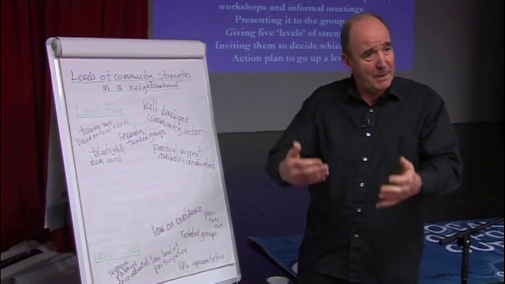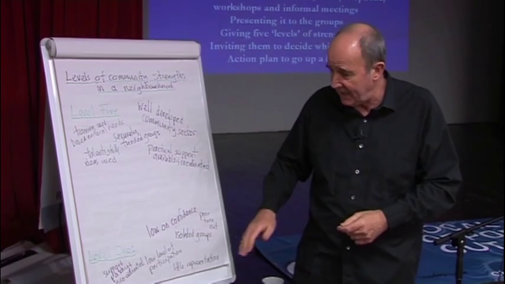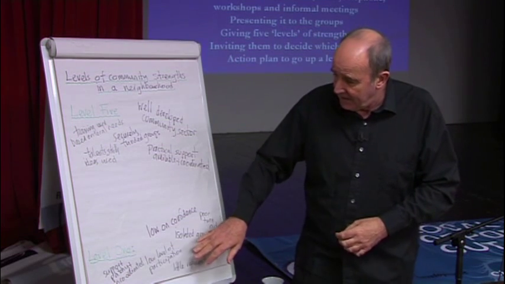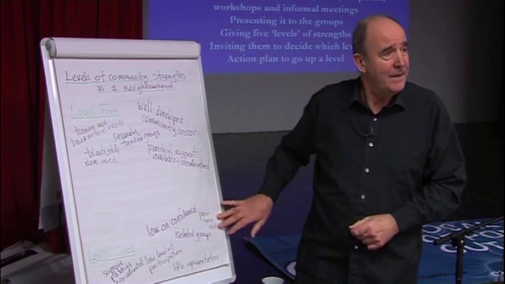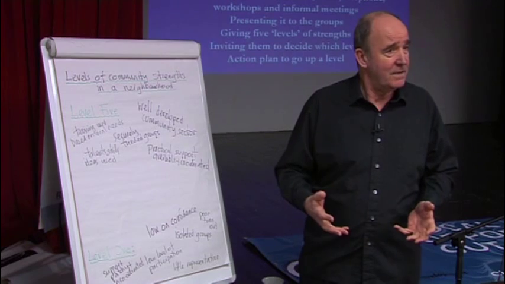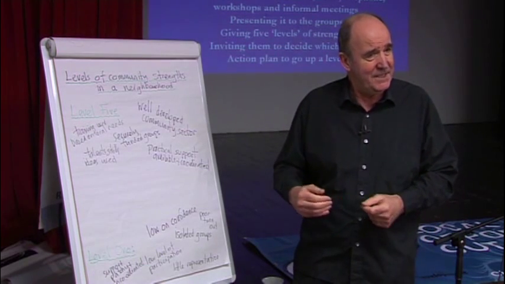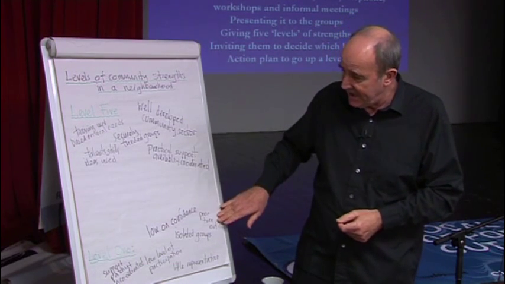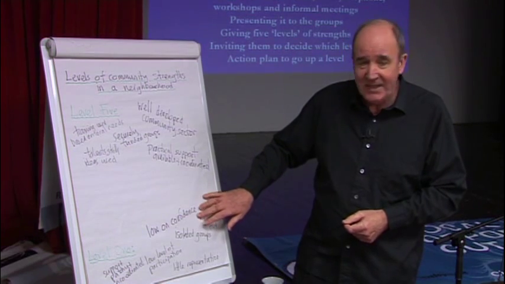So there's not many people coming forward to have a say in the area, and also poor turnout at meetings and events. So low level of community activity generally, and people not very confident about it.